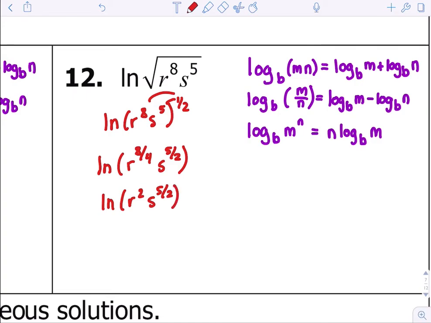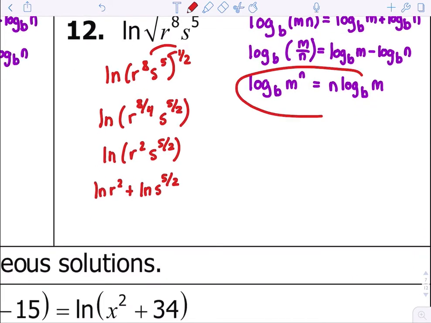And now we got multiplication on the inside and we're expanding, so that means we're going to be using the product rule. So natural log of r squared plus natural log of s to the 5 over 2. Bring both powers to the front using the power rule. So 2 ln of r plus 5 over 2 ln of s.